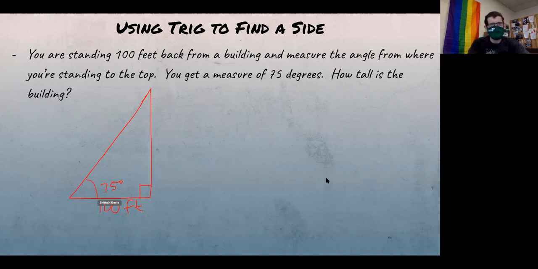There's our 75 degrees. And what are we solving for? The hypotenuse or the right side? Which one represents the height of the building? The right side or the hypotenuse?